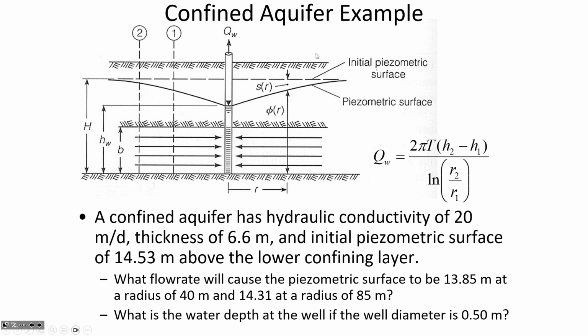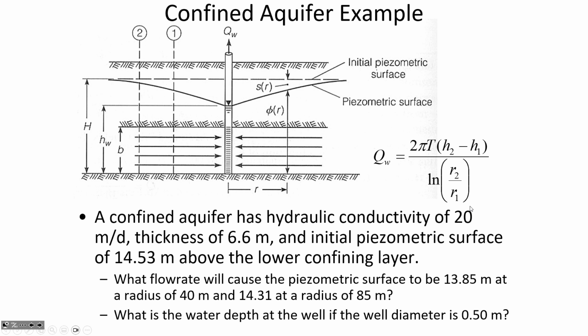Okay, let's practice. We have a confined aquifer that has a hydraulic conductivity of 20 meters per day. So K is 20 meters per day, and the aquifer thickness is 6.6 meters.